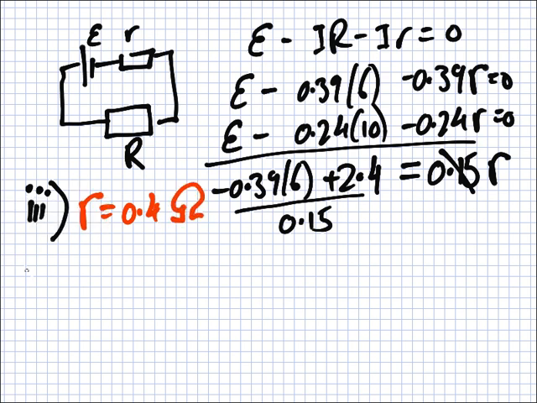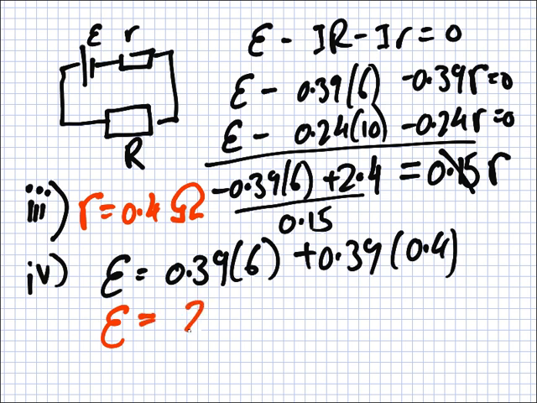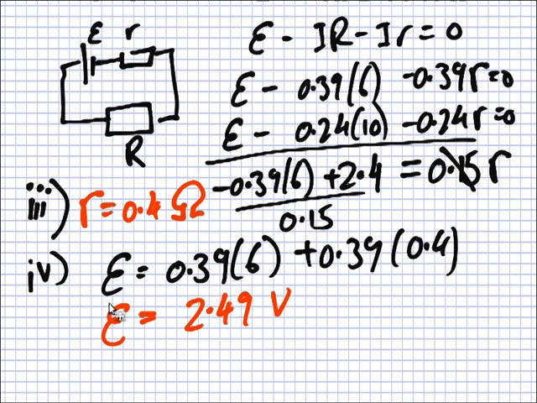And I'm going to do the next part, which is to get the E. So E will equal 0.39 times 6 plus 0.39 times 0.4. 2.49, everyone? Yeah.